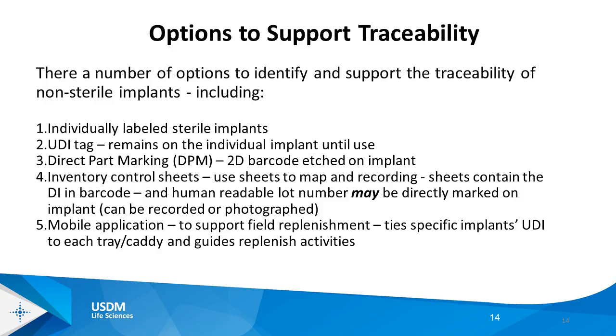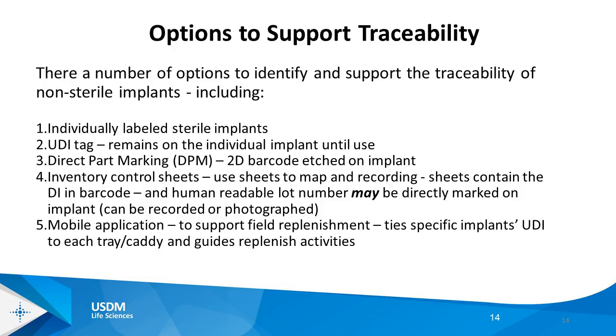There may be others that come along, but typically one solution isn't going to work for an entire product portfolio for any individual manufacturer. So we really need to look at each product line and decide what is going to be the best solution. It'll likely be some mix of these. To the extent that direct marking works, that's fine. To the extent that the product can be tagged, that probably works.